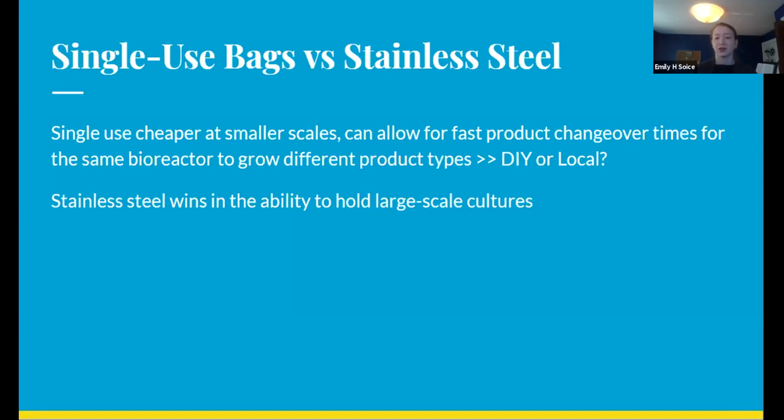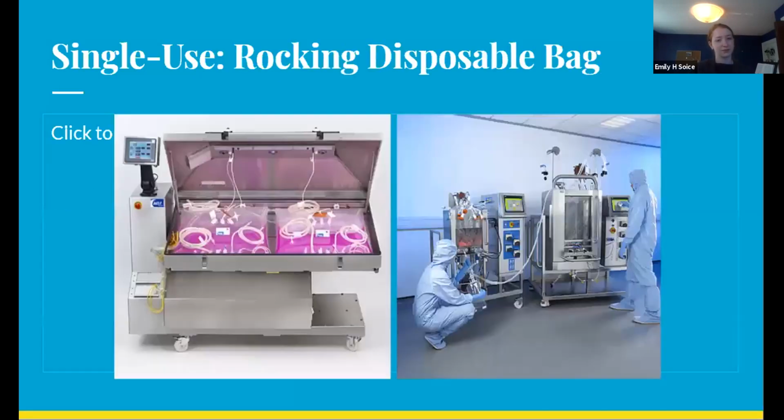This might be useful for a smaller production system like a DIY home system or a local community bioreactor. But eventually, when you think about scale, stainless steel is less expensive. So this is what a single-use bioreactor looks like. You have these bags here, and you can change those out after you have your batch.